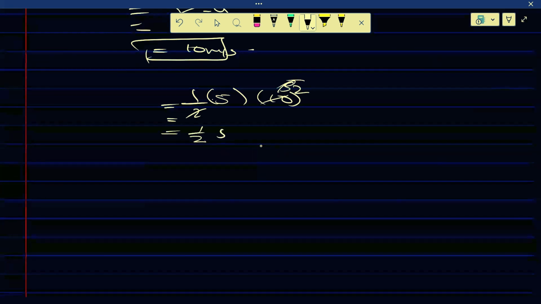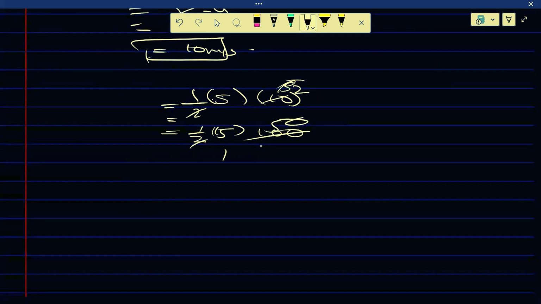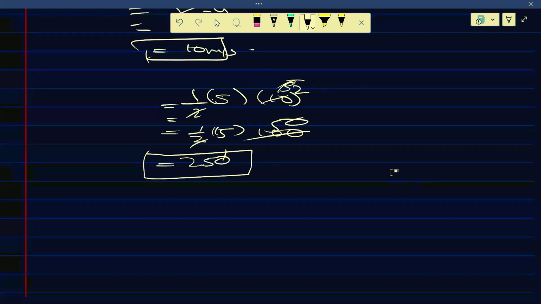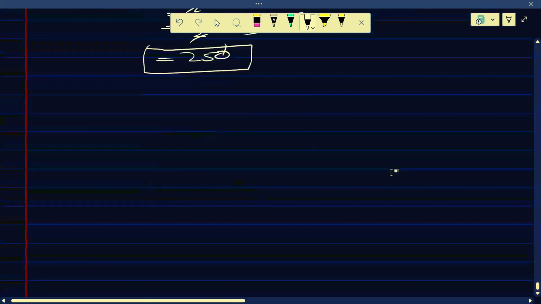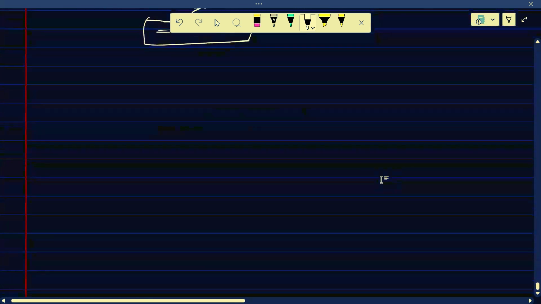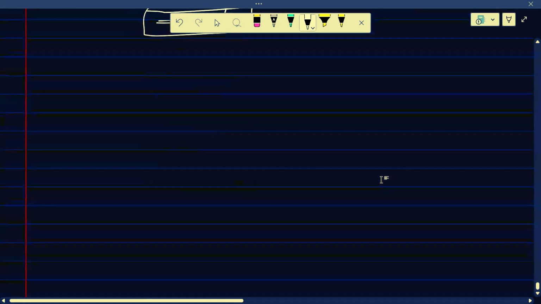So 1 upon 2 times 5 times 100, which is 5 times 50, equal to 250. 250 is the answer for this question. So this second question is also done.